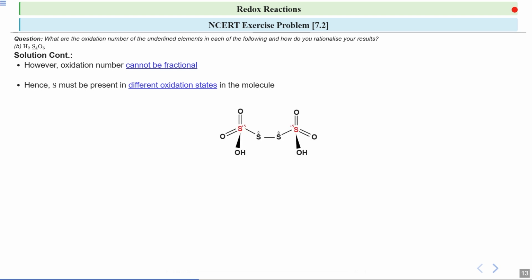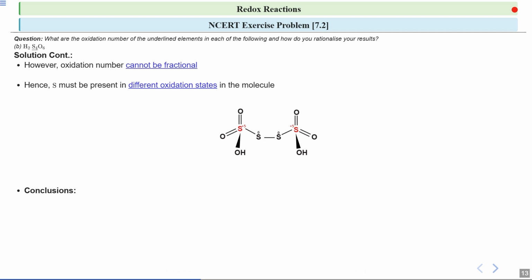Now here is a picture to show that. This is the bond connectivity of your H2S4O6. You can see very clearly that on the terminal sides, the sulfur is attached to other heteroatoms, whereas the middle two sulfurs are not attached to any different heteroatom. Instead, they are attached to their identical species.